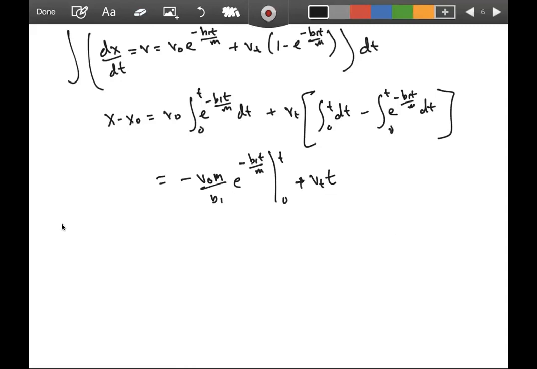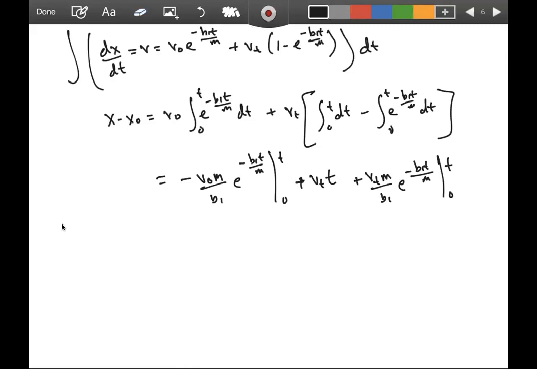Good, this is the one that should dominate as we go to late times. And then I'm going to get a minus v terminal times m divided by b1 e to the minus b1 t over m, actually I already got a minus in there, so it becomes a plus, sorry, evaluated from 0 to t.